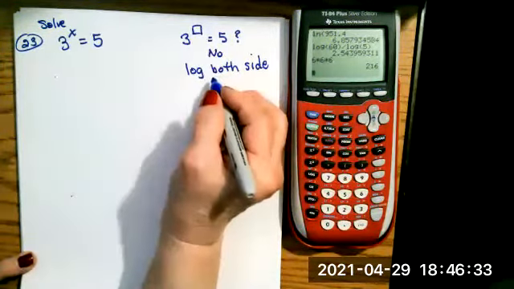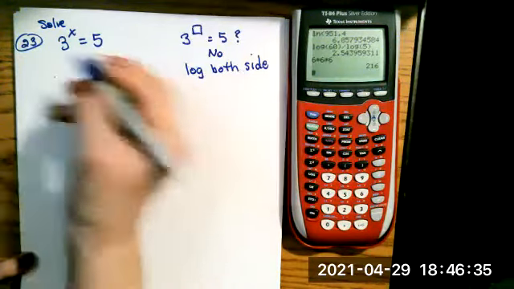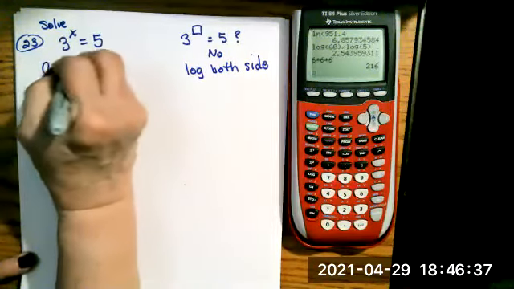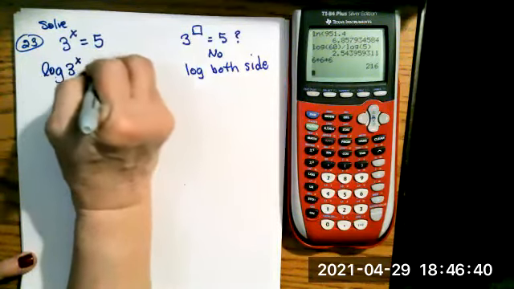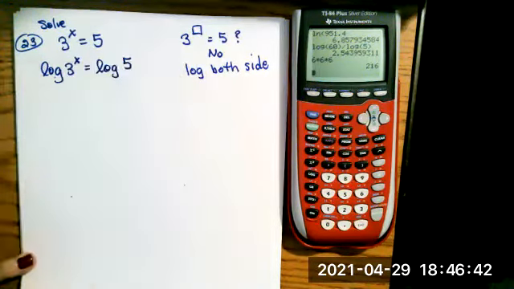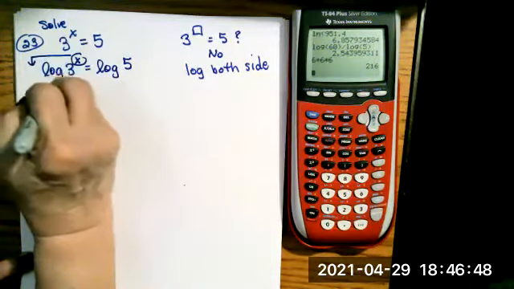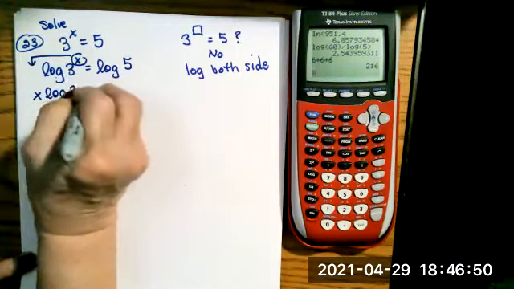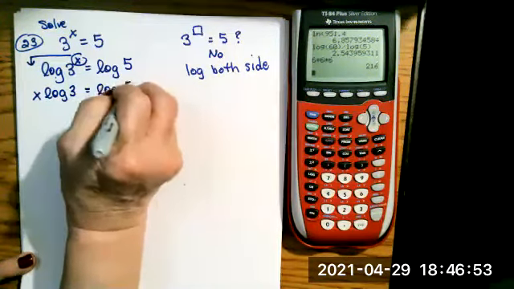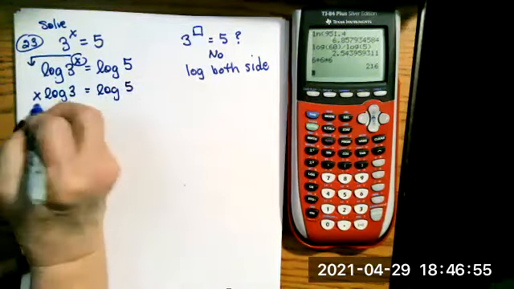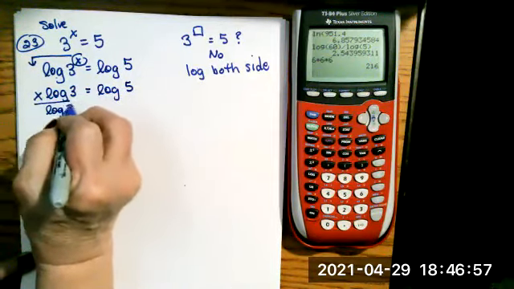But most of the time, if it's a number, we log both sides. So we do log of 3 to the x equals log of 5. And then we bring this x in the front. So we have x log 3 equals log 5. You want to solve it for x, so you divide log 3 out.